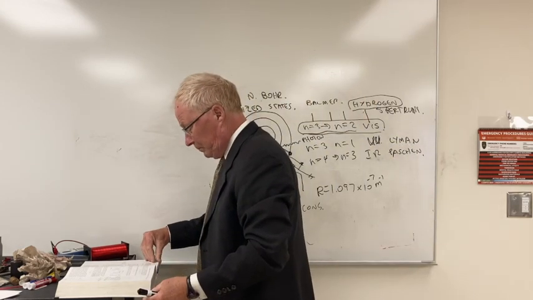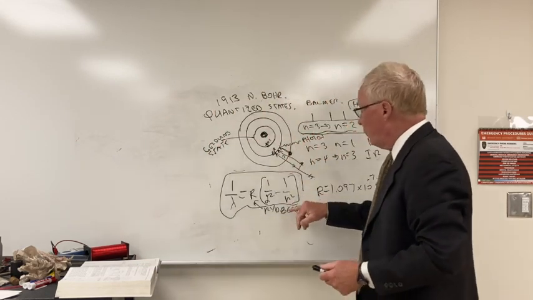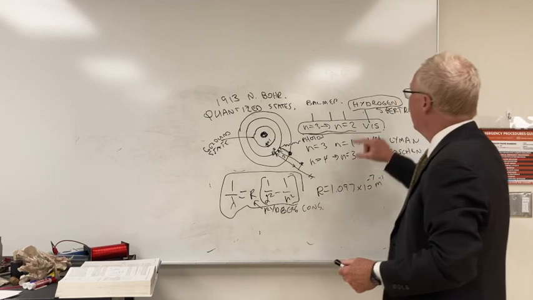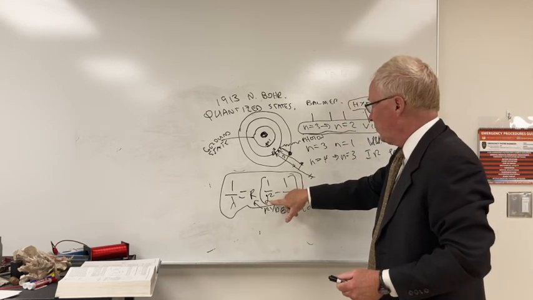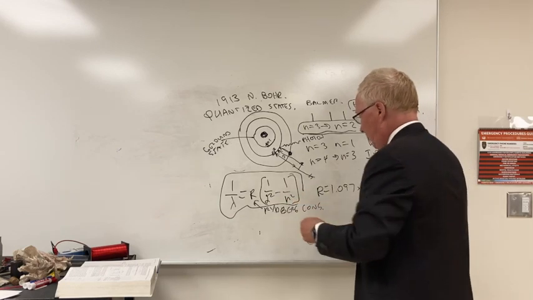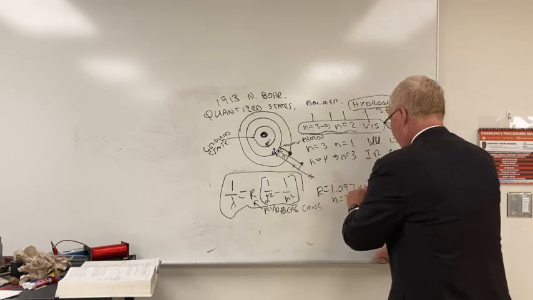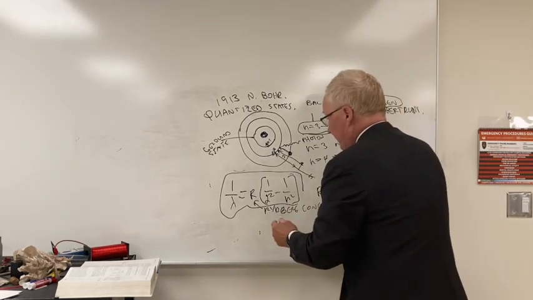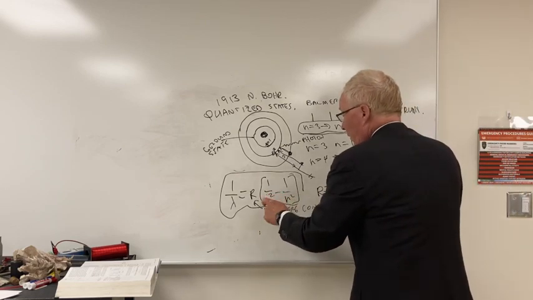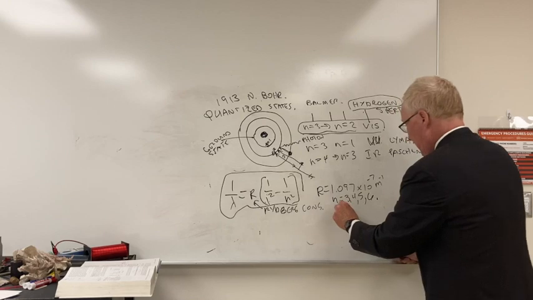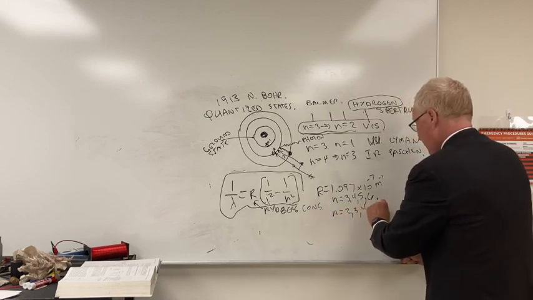So for the Balmer series, you have 1 over 2 squared minus 1 over n squared, where n is 3, 4, 5, and so on. For the Lyman series, this is 1 over 1 squared, and n is 2, 3, 4, 5, and so on.